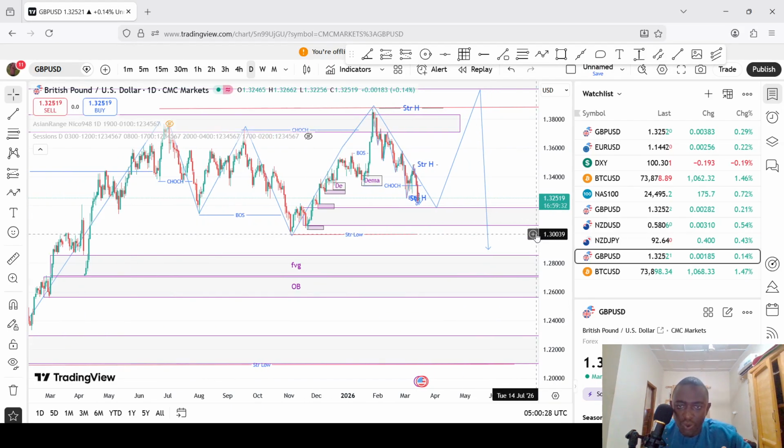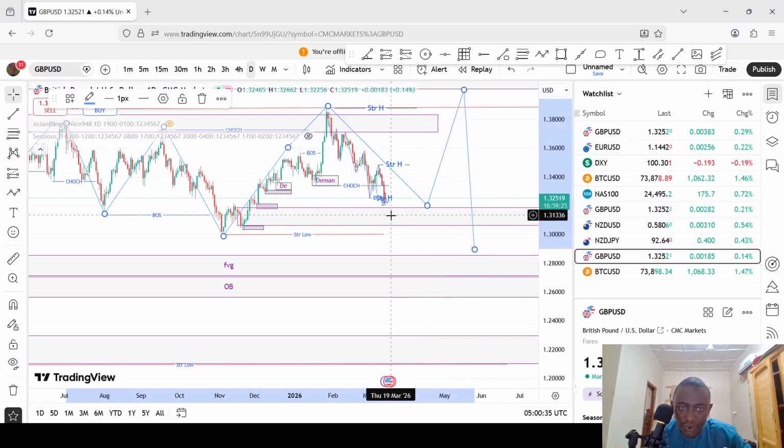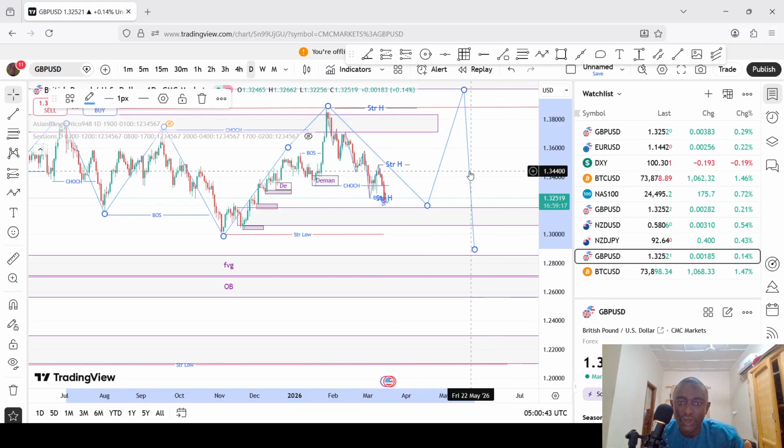So what you are supposed to do is to always wait for confirmation. We know that here has the potential to push price up, but you have to wait, see how price will react around that zone. So currently what we are doing, because we are having two different things coming from the daily and the weekly, let me delete this, the swing point, or I should leave it, right?